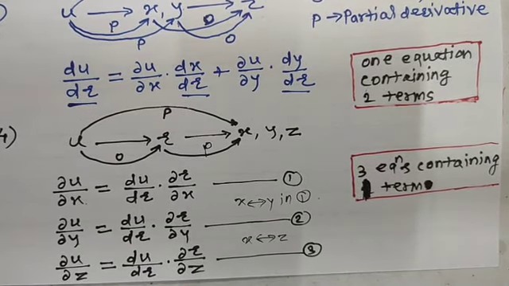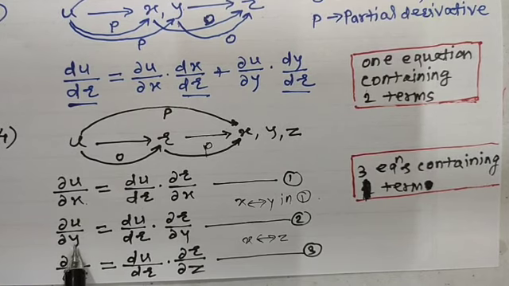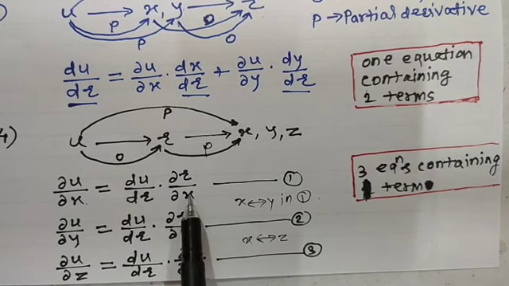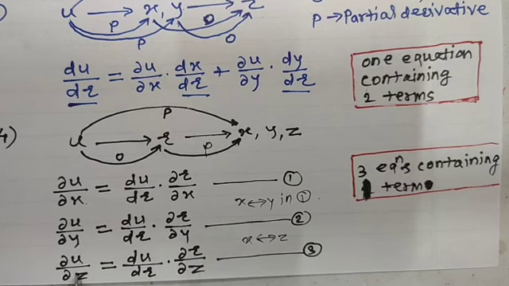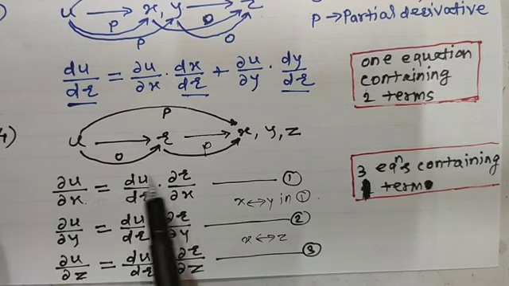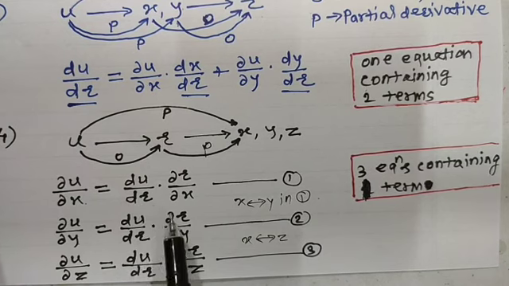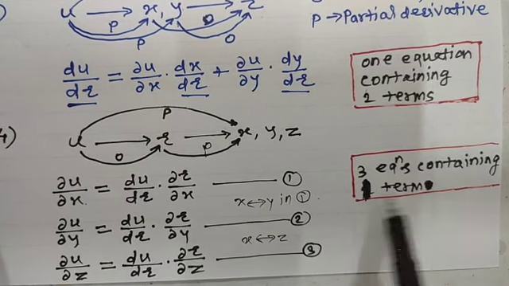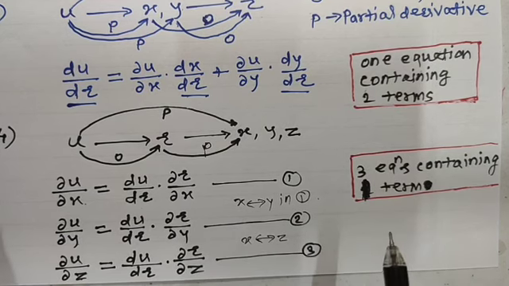You can check here: x is replaced by y on both sides, and in the third equation x is replaced by z. That gives 3 equations in total, and each equation contains one term.